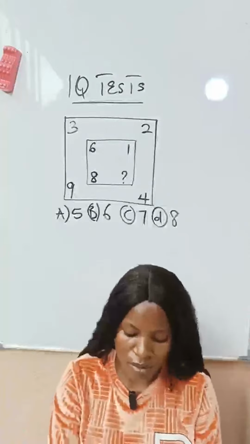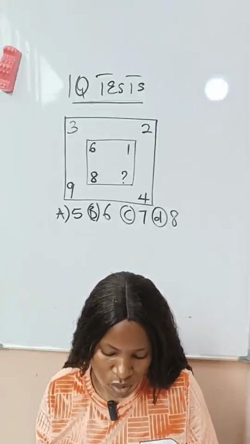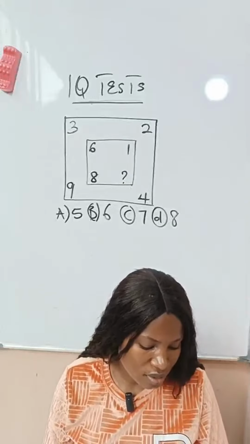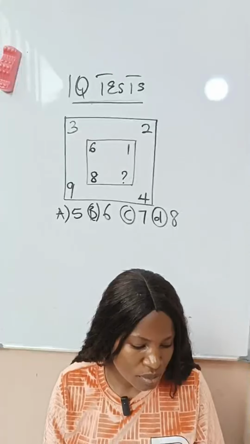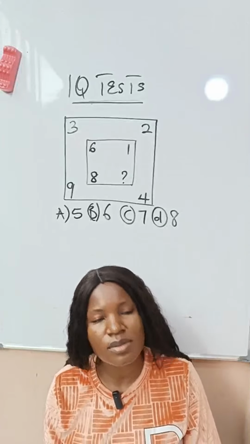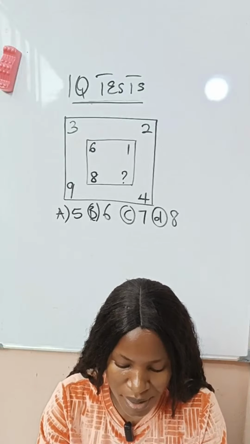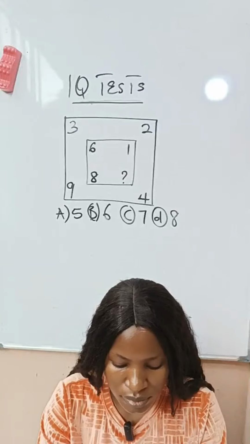Keep trying to see if you can see a pattern or a connection between the two rectangles. Rama says the answer is 5. Thank you, Rama.